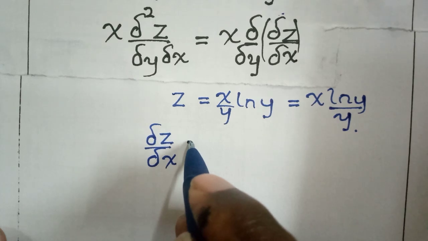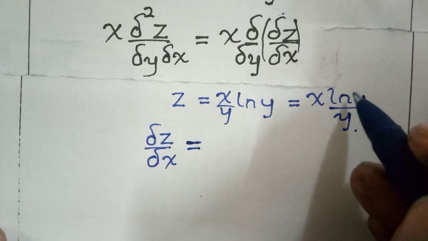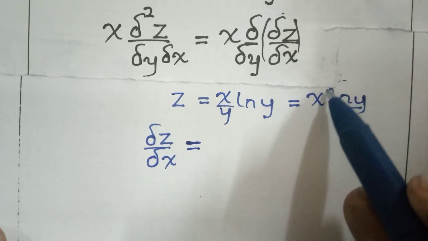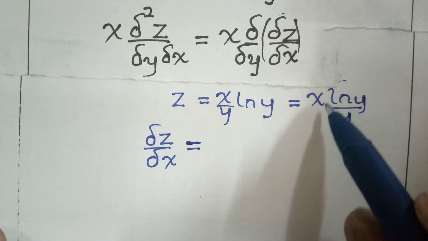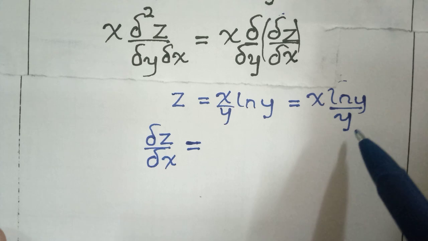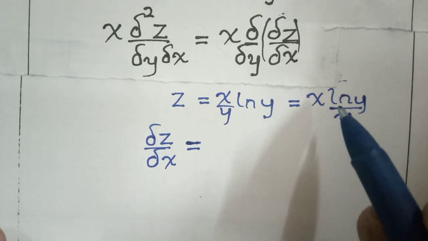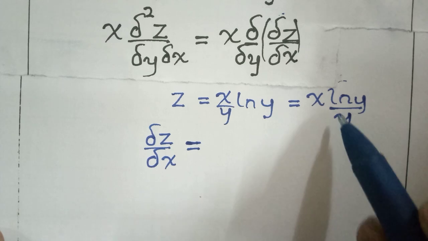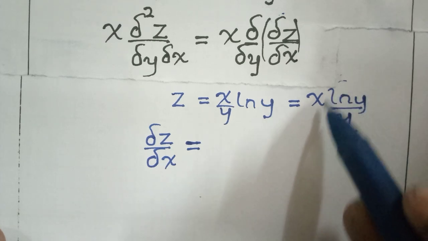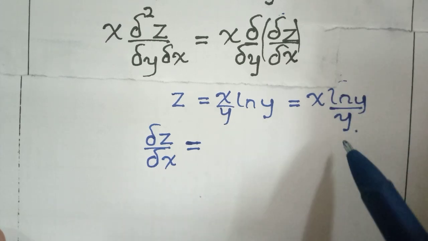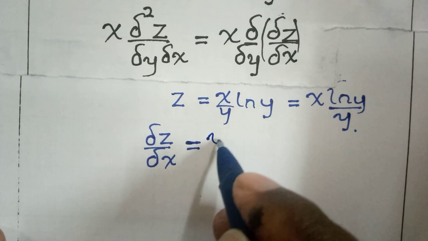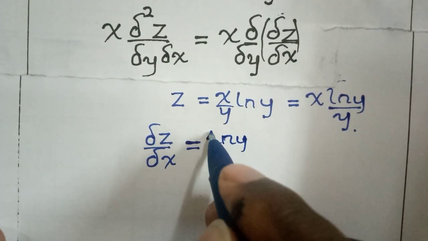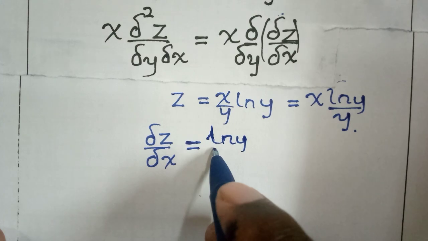So now we come and say, for this is like now we are given 2x, because this one we are considering y as a constant. So it's just like when you say differentiation of 2x, of which our answer then is 2. So our answer now is going to be ln y all over y, that is ln y all over y.